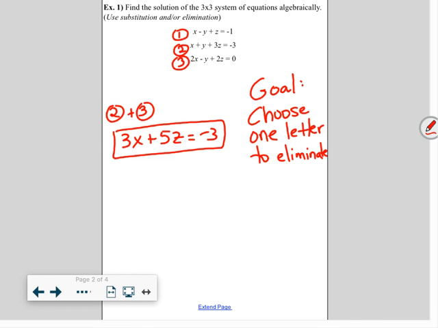You can't pick another letter, because then we're stuck. Yes, 1 and 2. If we add 1 and 2, that eliminates the y. So write it down: adding 1 and 2 gives me 2x, the y's cancel, plus 4z equals -4. Put a box around it.